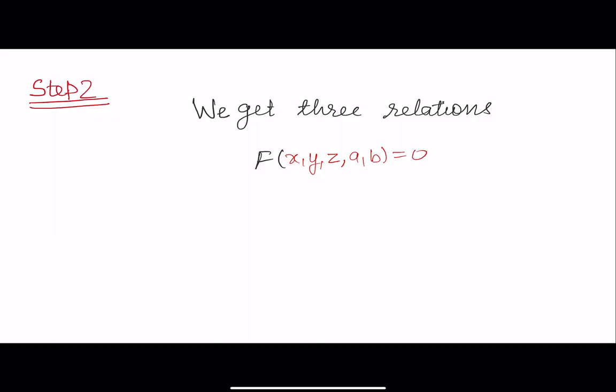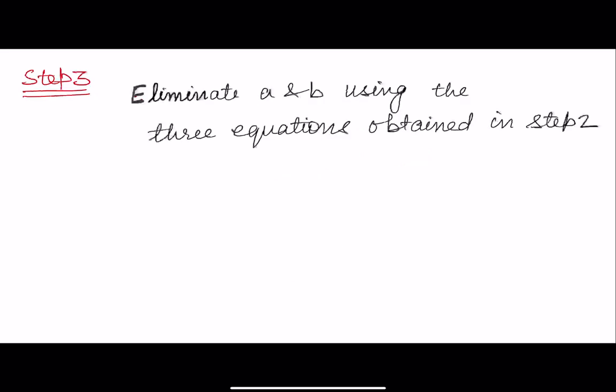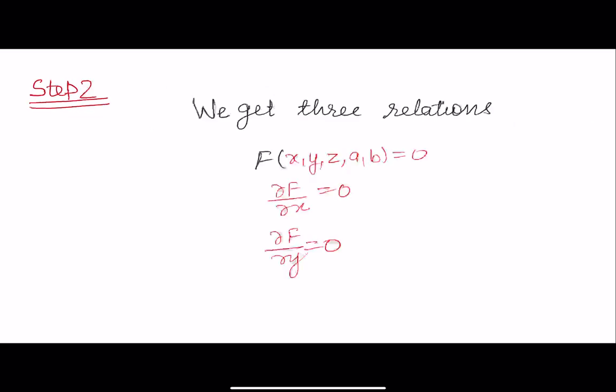Second relation is del f upon del x is equal to 0, and the third relation is del f upon del y is equal to 0. Now we have these three relations, and we have to eliminate a and b using these three equations, or you say relations, which we obtained in step 2. So basically we have to find the partial derivatives, we get these three, and use these three to eliminate a and b.